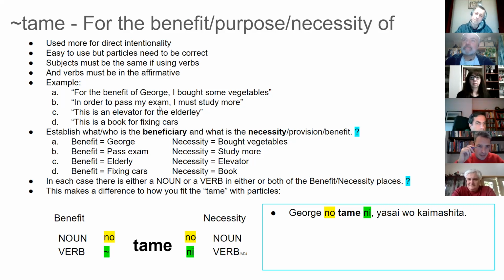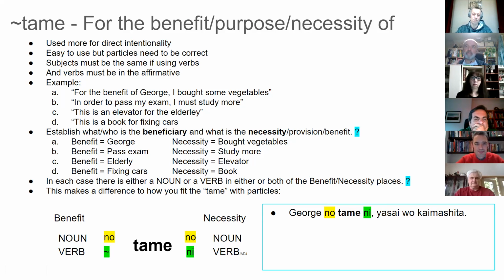For me, it's not really clear because the first word after tame is, for me, yasai. Good, yeah, I would say that's a noun. You're right. That can be confusing. So what we have to do in each case is perhaps not think of this as being a word, but the clause that happens afterwards, and then decide whether the clause is a verb sentence or a noun statement.